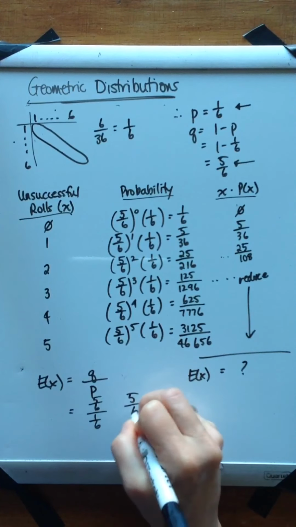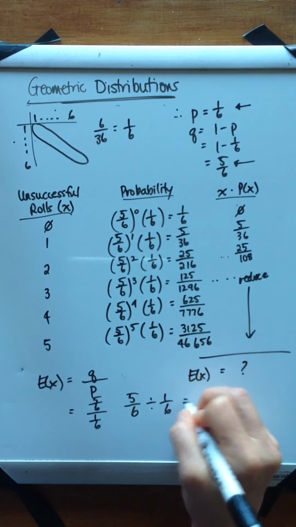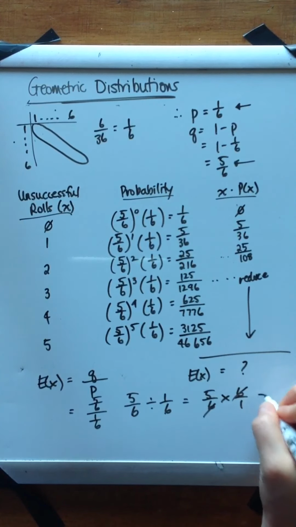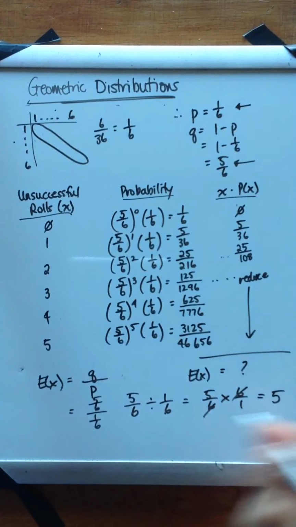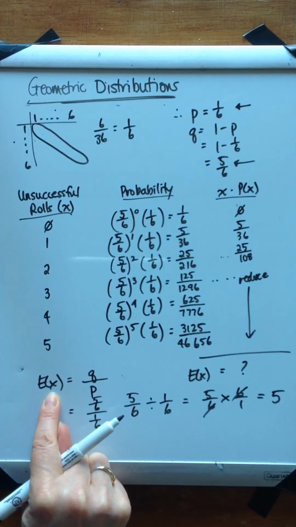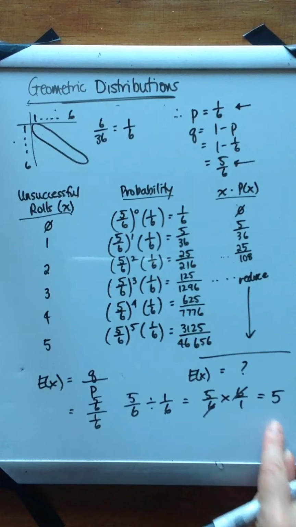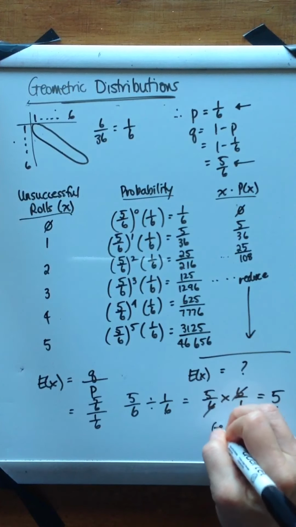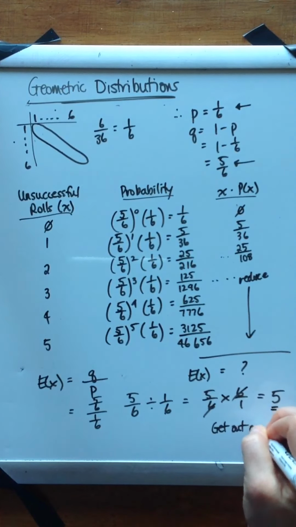So 5 out of 6 divided by 1/6 can be thought of as 5/6 times 6 over 1, which means the expected value, or in other words, the number of waiting periods you would have on average, if you did many, many trials of this, would be 5 unsuccessful attempts, which means that you would get out on the 6th roll, on average.